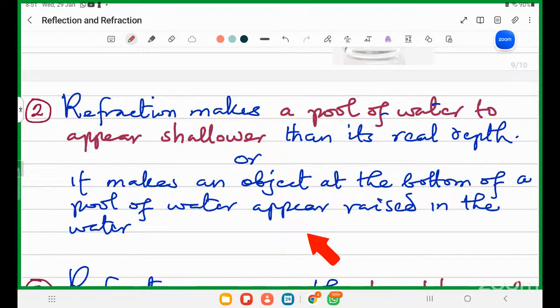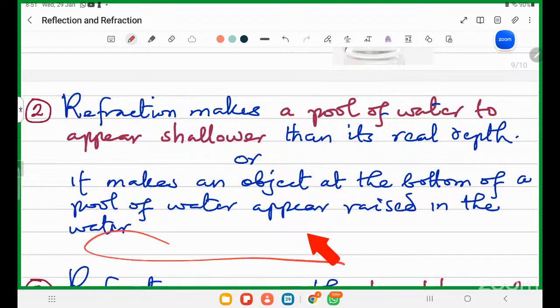Or you put an object inside a bath or container that has water in it. The object will appear shallower, as if it's at the top, until you dip your hand into it and find it down, down, down. So the apparent view is what you're seeing, and that is refraction.